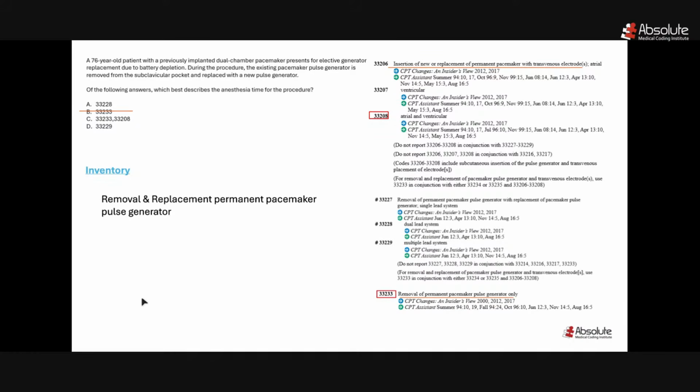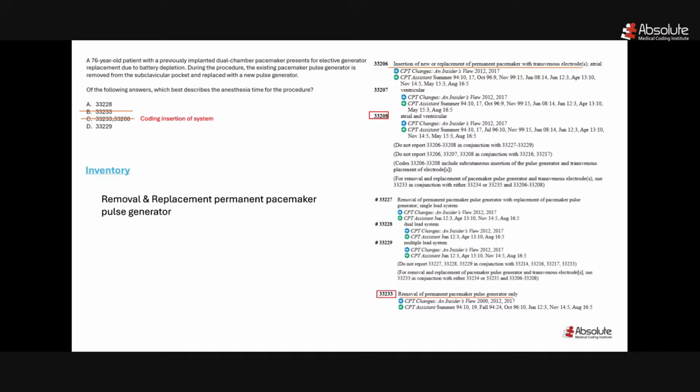So this is incorrect because it is coding for insertion of an entire system. We didn't have that. We had only a removal and a replacement of the pulse generator. The pulse generator is your battery, right? So that's why option C is also incorrect.